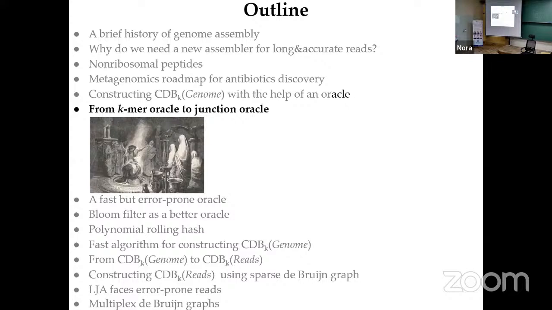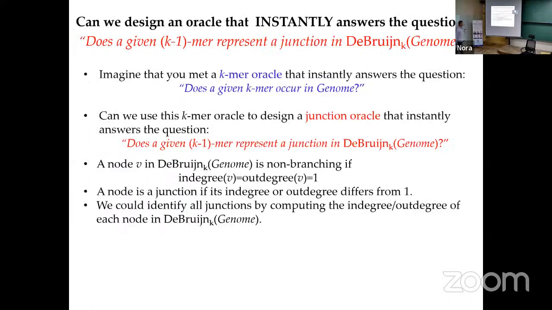Okay, let's try to explore this. To design this oracle, we need to notice that a node in the de Bruijn graph is non-branching if its in-degree equals one and out-degree equals one, right?